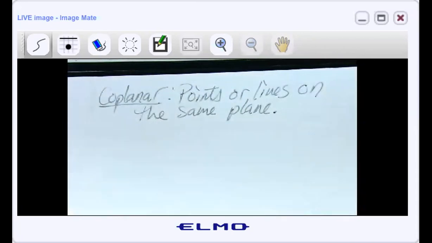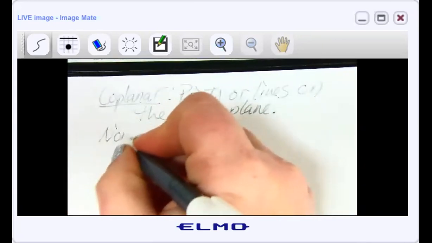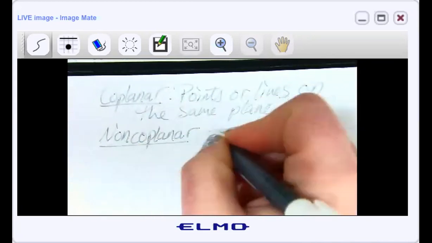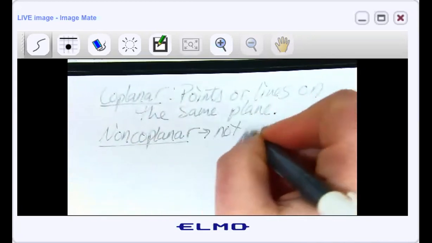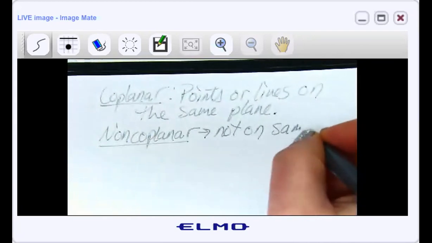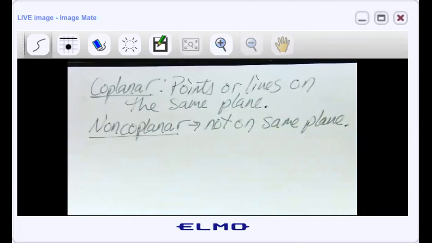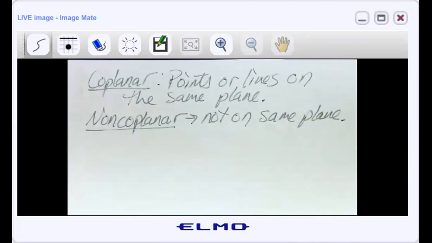Non-coplanar, we'll just say not on the same plane. So don't get thrown off by those words. They're pretty easy if you break them apart. Coplanar, on the same plane. Non-coplanar, not.